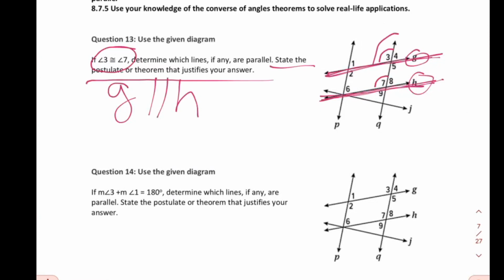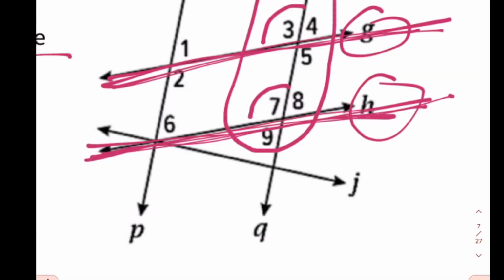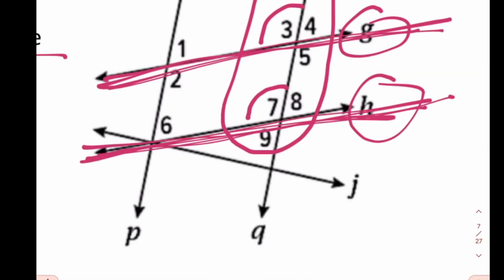So these two angles relate to each other with this transversal, and you have options: alternate, corresponding, or consecutive. So they are not alternate, they are on the same side. As you can see, both of them are on the right of the transversal.